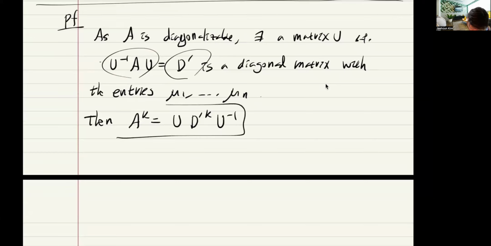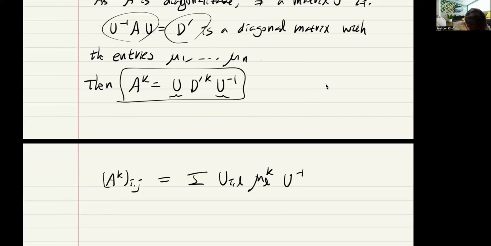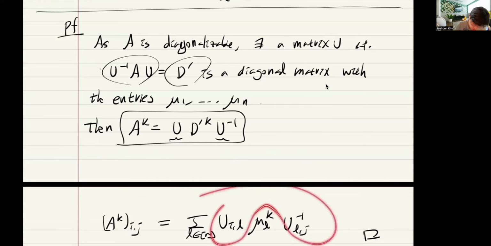You get this. Depending on the entries of U, we have that the k-th power at i and j is the sum of U_il times mu_l to the k times the inverse's lj entry over all choices of l, and this proves it; this gives you this number c.